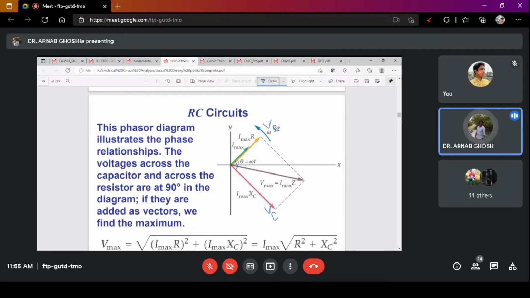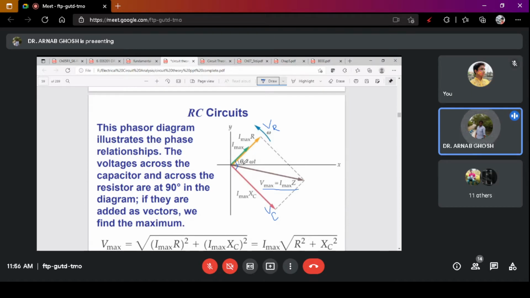So if this is your VR and this is your VC, then what is your Vmax? This should be your Vmax, which is the resultant of the VR vector and the VC vector, and we write Vmax as Imax into Z. Now you see the Vmax phasor is lagging the Imax phasor.